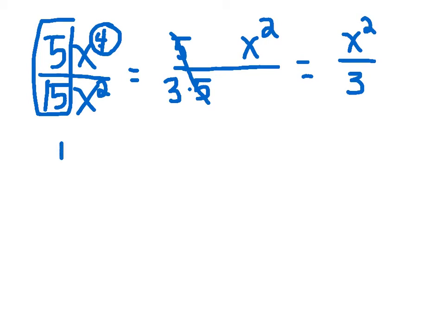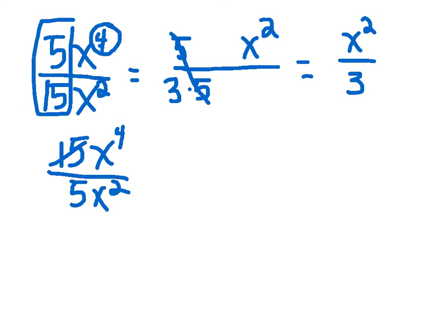What I really did here is I just simplified, or reduced, this fraction. If it were the other way around, if I had 15x to the fourth over 5x squared, I would have 15 divided by 5 is 3 on the top and x squared. So with the coefficients, really, I'm dividing, but sometimes dividing 5 by 15 comes out to be a fraction that's less than 1.